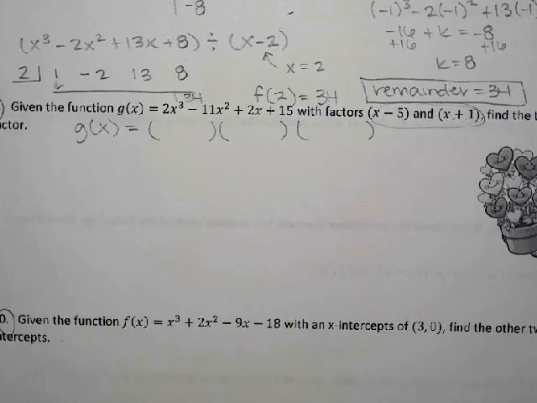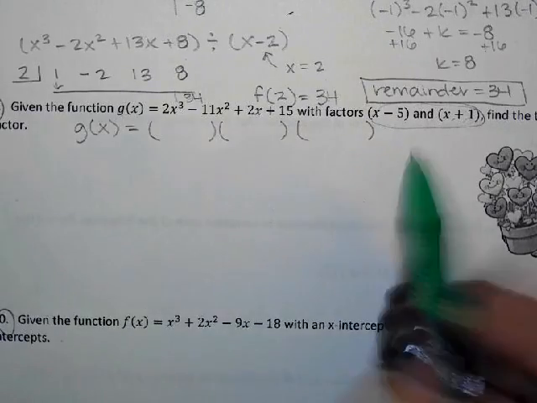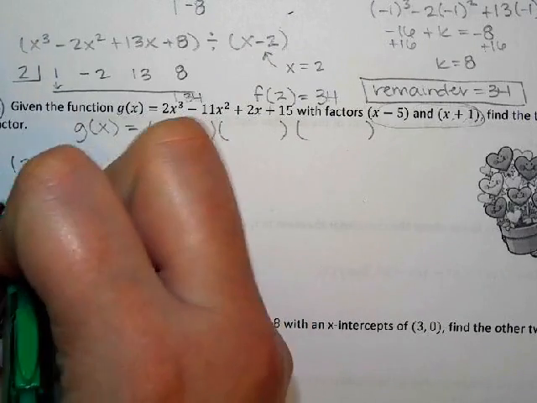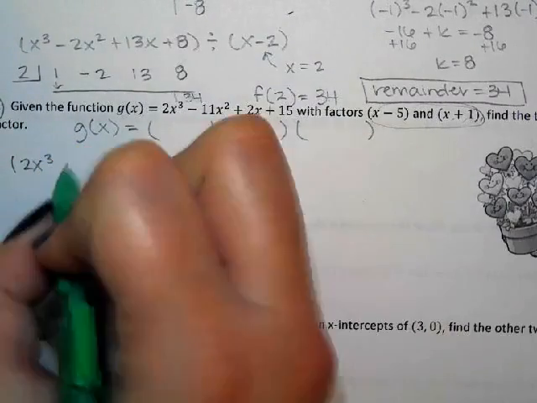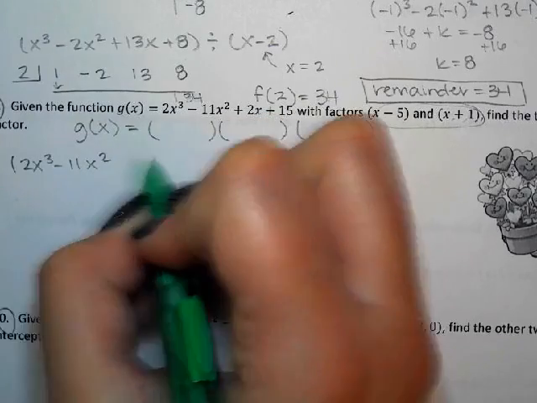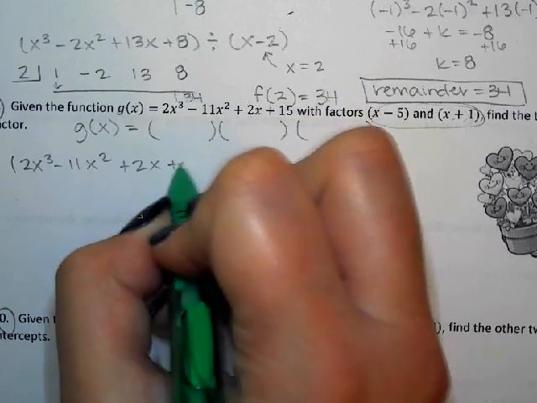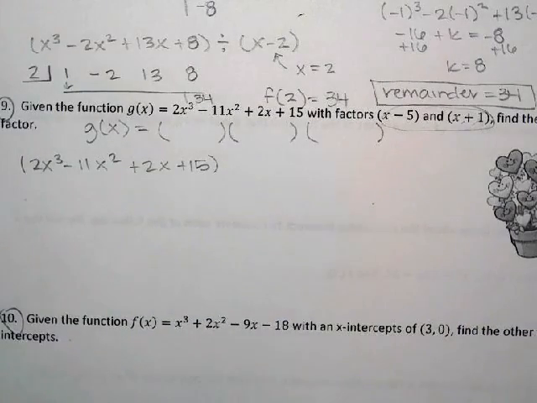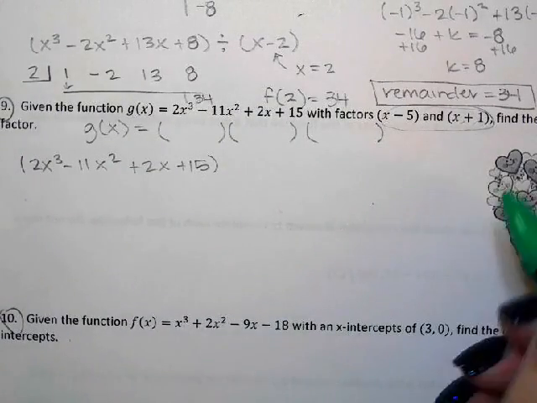Okay, so what I did is I said, let's go ahead and take this problem, 2x to the third minus 11x squared plus 2x plus 15. And it doesn't matter which one you divide by first, you just pick one to divide by. So which one should we use first, the x minus 5 or the x plus 1? X minus 5.